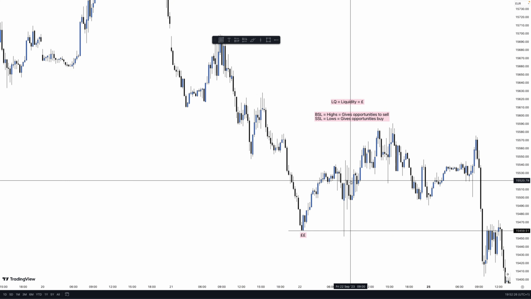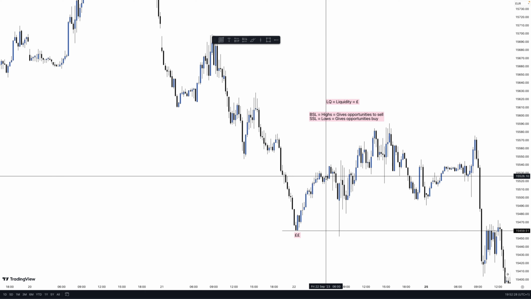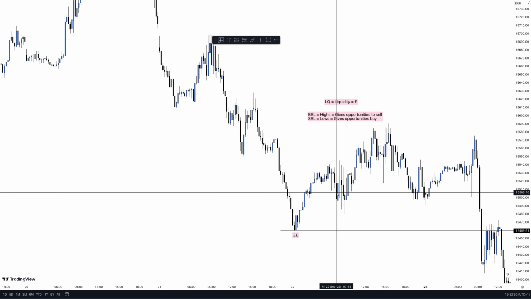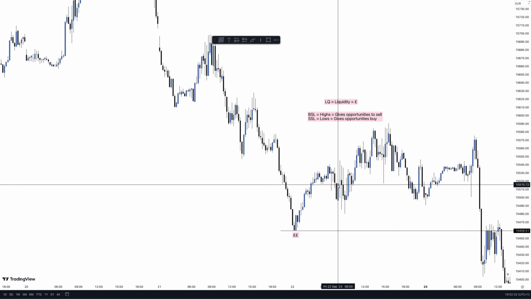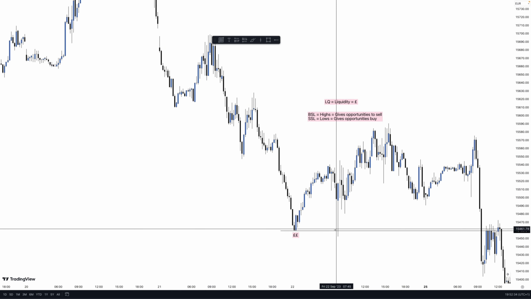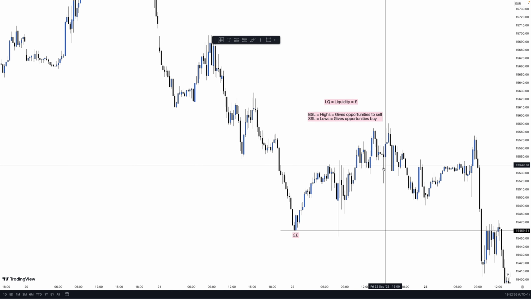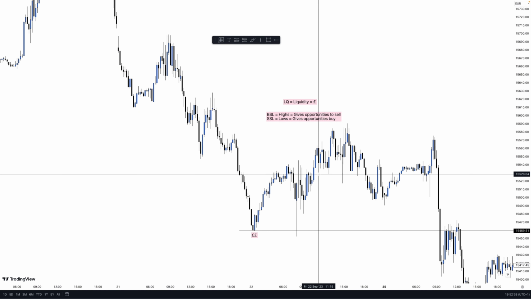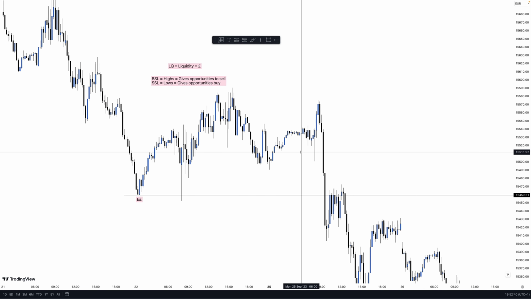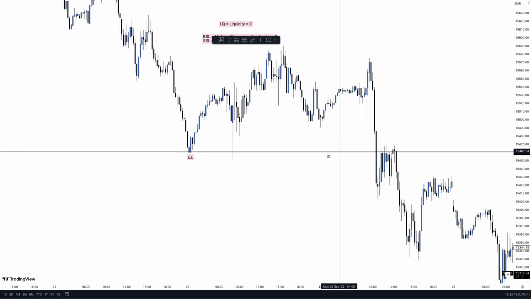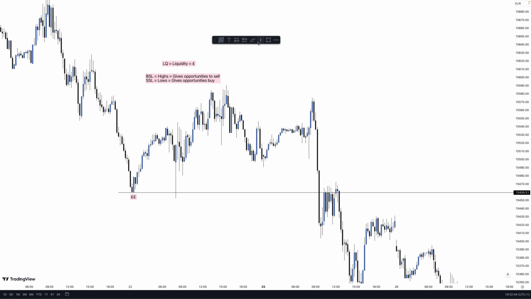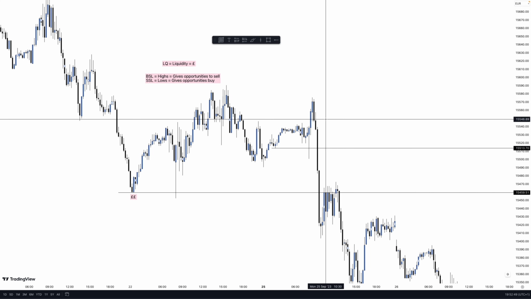Just see it like this. For example, there's money here and price is the robber. The robber takes money from the bank and pushes all the way up. That's how you should see it. Another example for sell side liquidity: takes this low, reaction back up.